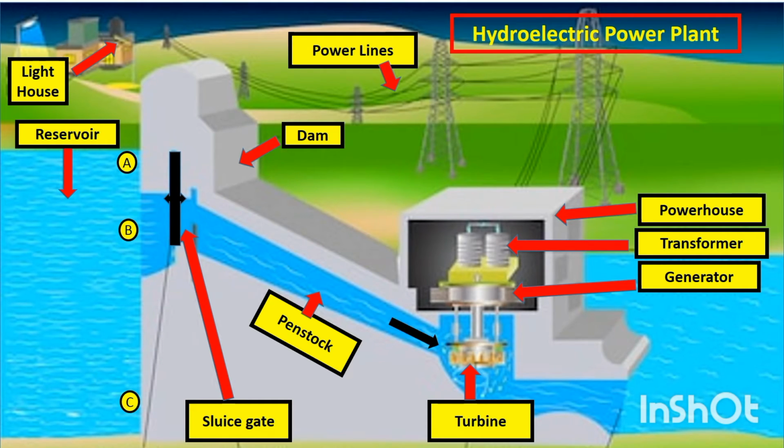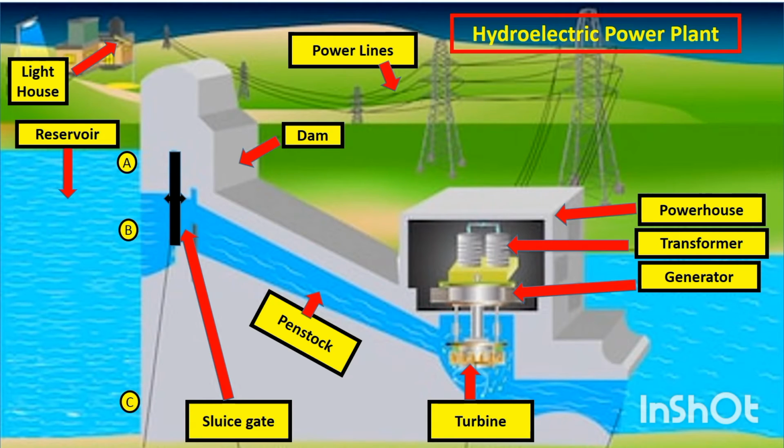Water strikes the blades of turbine and thus turbine starts rotating, in which more kinetic energy is formed. After rotation of turbine, water goes downstream.